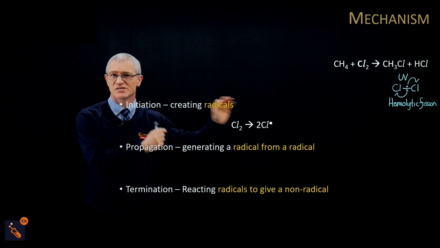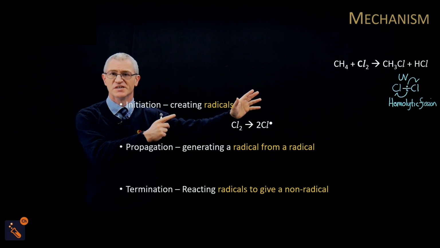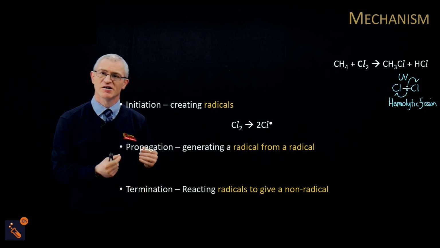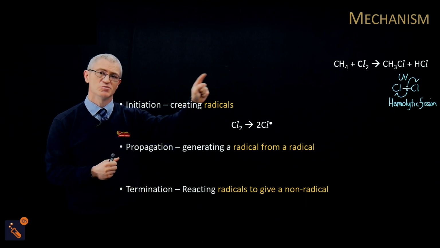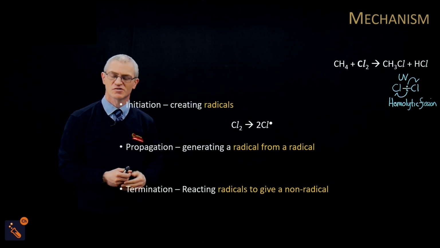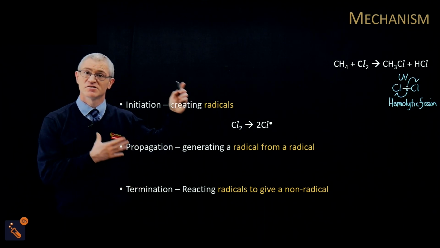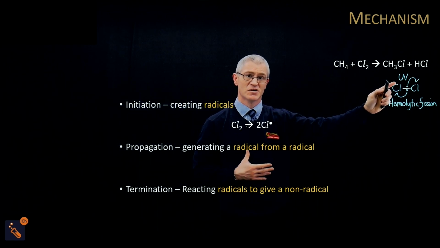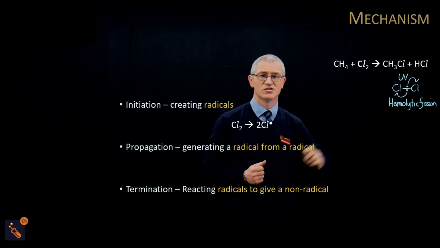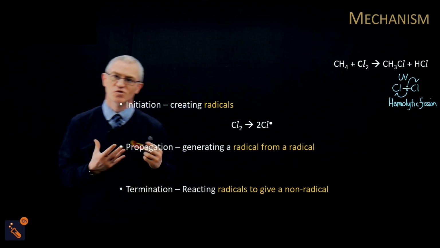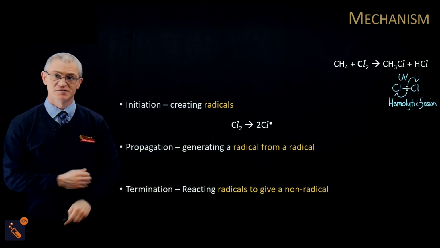Any question you get, homolytic fission, UV, and it does it because of these single arrows, because each one with a half head just moves one electron onto each chlorine. Now, you don't need to show this in the exam, but it's really good to recognise it and know why this happens. Otherwise, this doesn't make much sense.